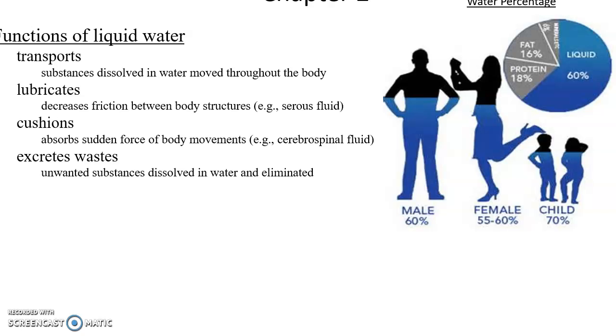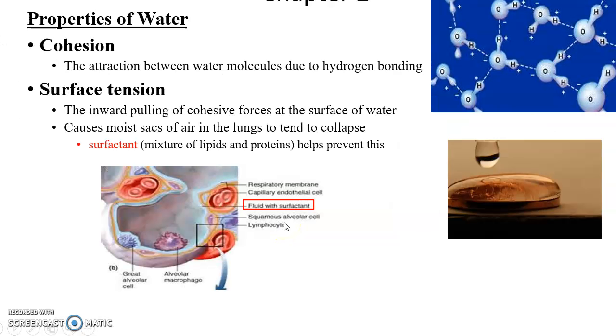Friction can damage body structures. It can provide cushioning and absorb forces when the body's in motion. And it can be used to excrete waste, which is just another example of something dissolving in the water, but in that case to get eliminated. And as you can see, we are mostly water. About 60% for adults, 70% for children. Turns out we dry out as we get older.